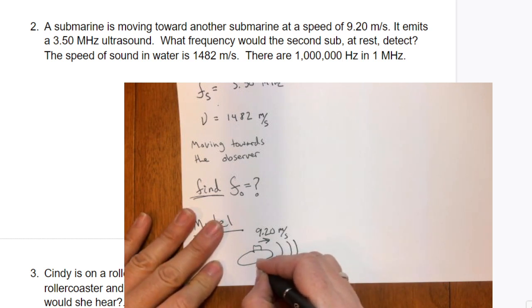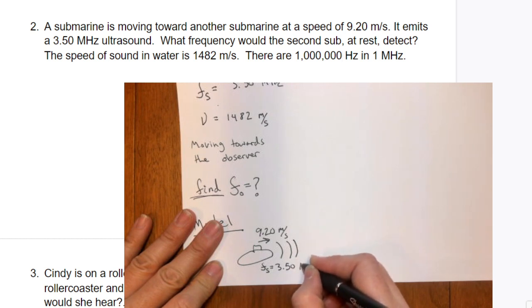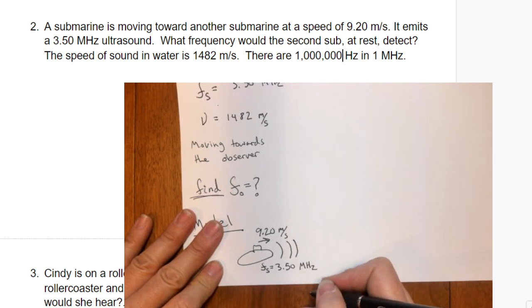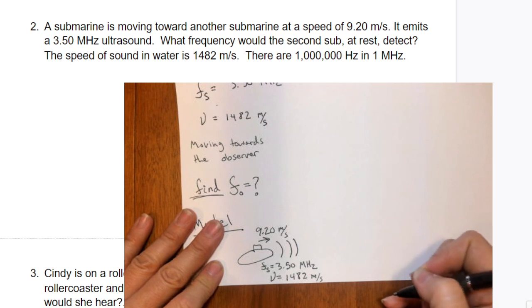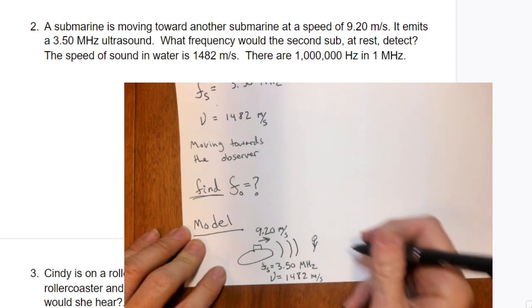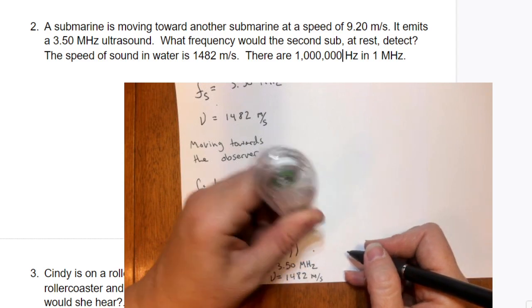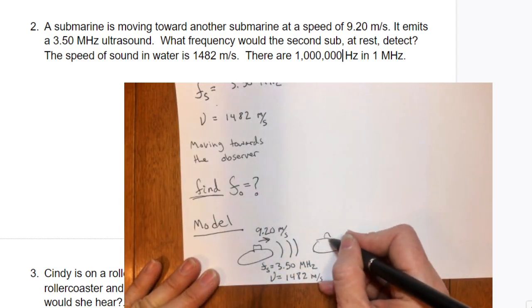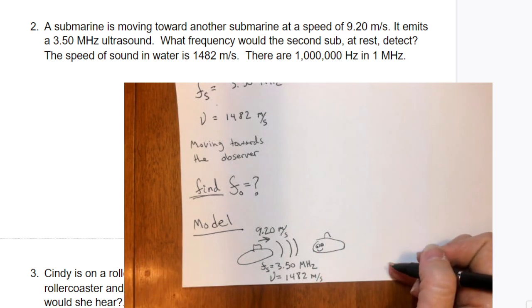The frequency of the ultrasound is 3.50 megahertz, and the velocity of the sound wave in water is 1,482 meters per second. The observer is another submarine. I'm so used to drawing people. So the other submarine observes this.